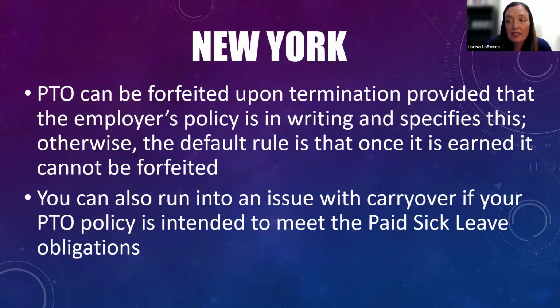So if your policy doesn't address it and somebody leaves and you say, we don't pay out PTO, and they go to the Department of Labor, the Department of Labor is going to say to you as the employer, show me your written policy, show me where it says that this PTO is forfeited. And if you don't have that in a written policy, the Department of Labor will uphold and support that employee's claim and require you to pay that accrued PTO out, okay?